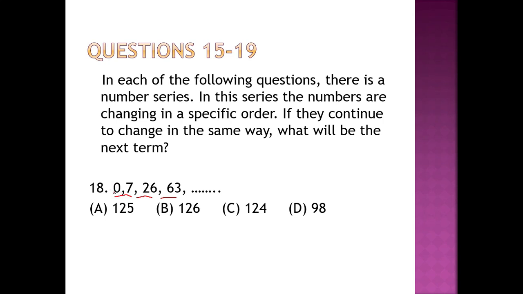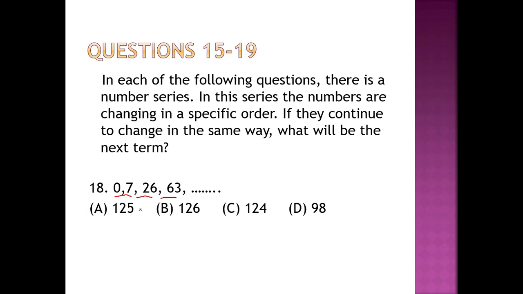What is the change? There's clearly multiplication in this series, but there has to be some addition as well. The reason why I say that is because the pattern starts at 0. How do you move from 0 to 7? There are probably several ways to get there. So in a situation like this, we have to what we call wing it, and by trial and error we identify the correct answer.